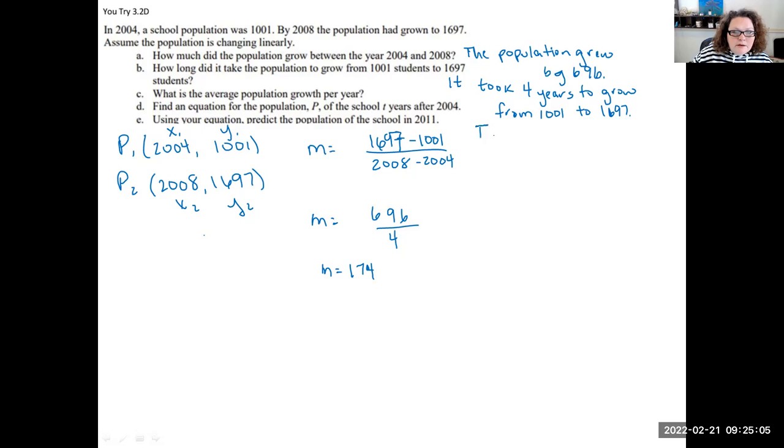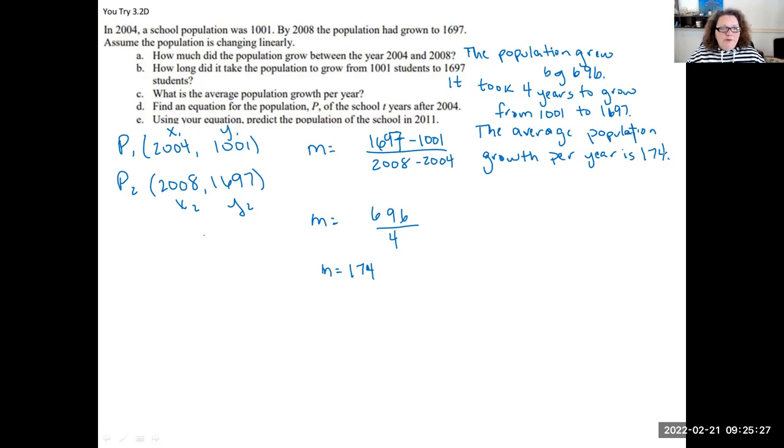So what's the average population growth per year? The average population growth per year is 174. Next, find an equation for the population P of the school T years after 2004.